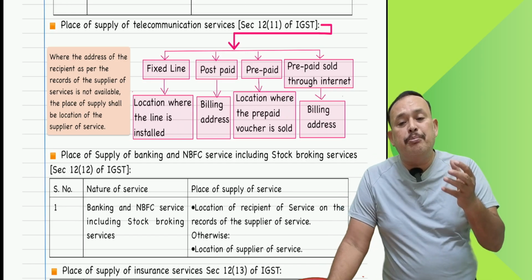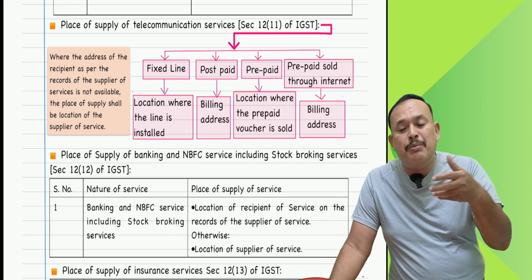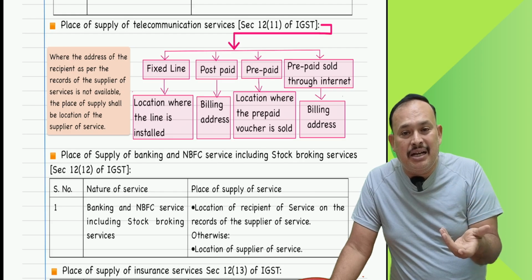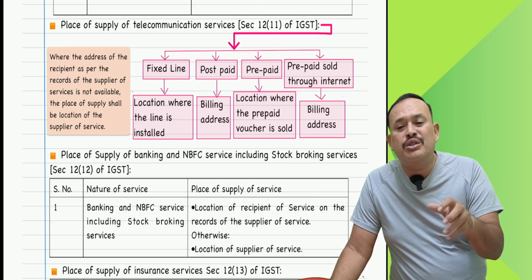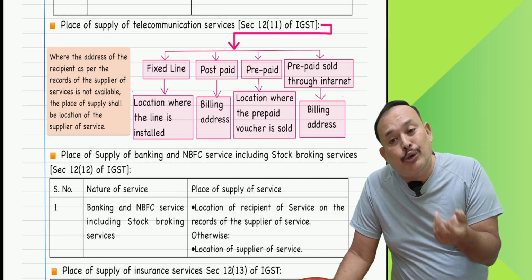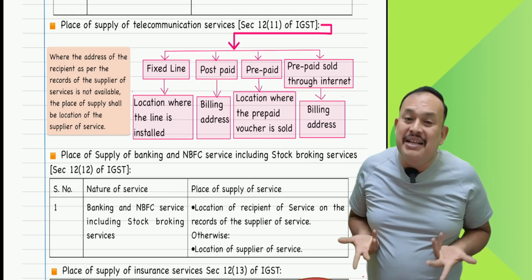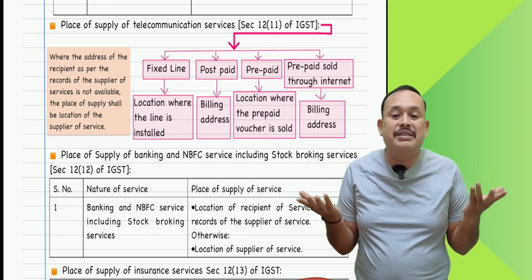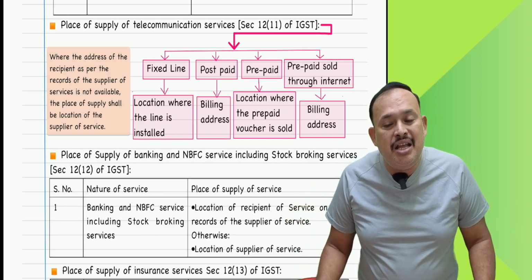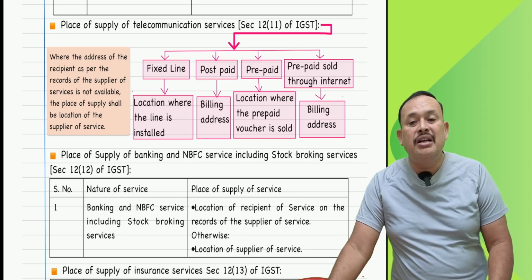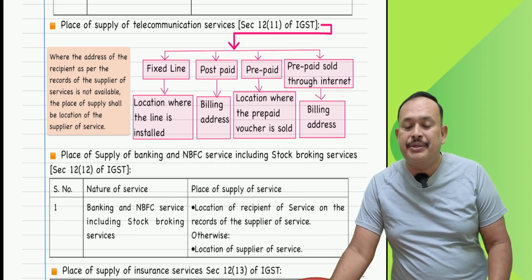Or for the supply of telecommunication services, for postpaid it is the billing address, for prepaid it is where the voucher is sold, and for prepaid sold through internet it is the billing address. If nothing is available, the location of the supplier is the place of supply in the case of telecommunication services. Section 12, subsection 11 of the IGST Act.